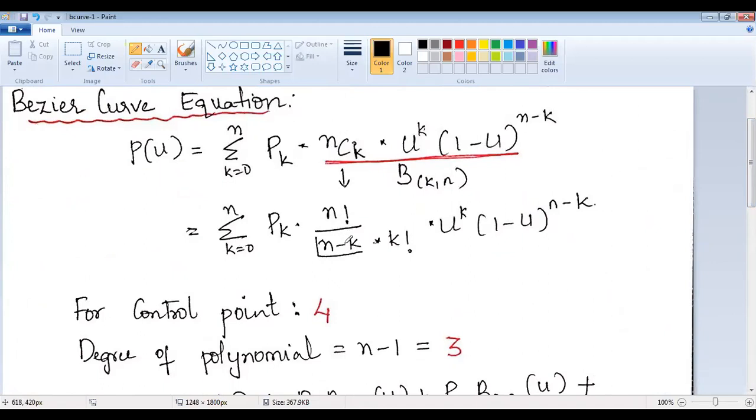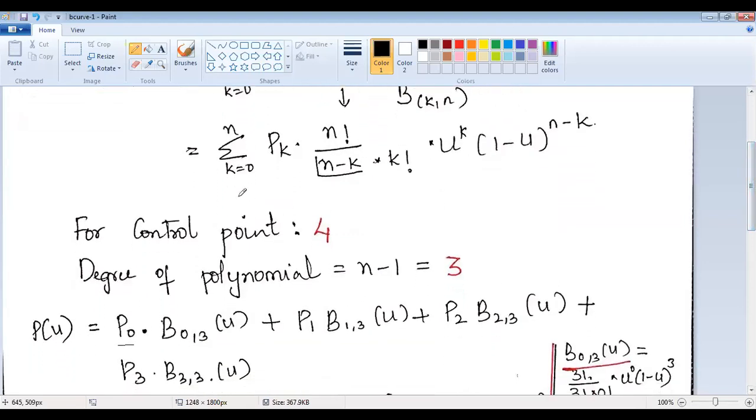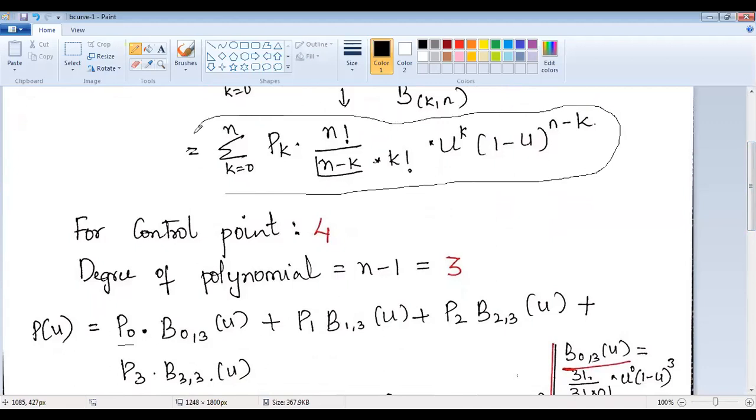You need to expand nCk, and based on the number of control points you need to decide the degree of polynomial. You should expand this equation from k equal to 0 up to the degree of polynomial.